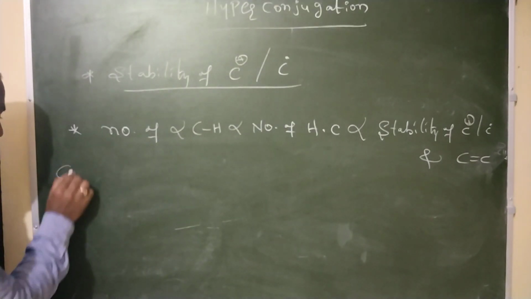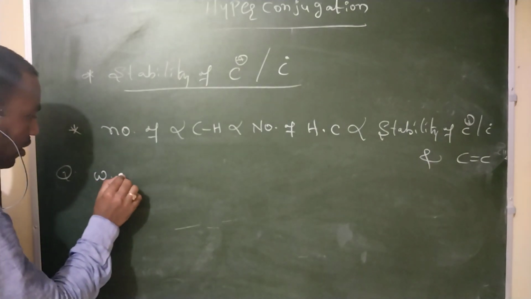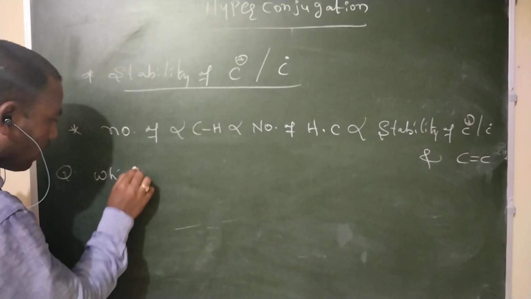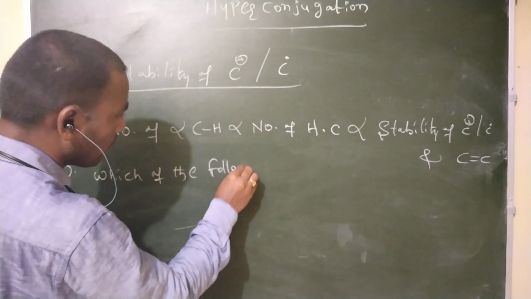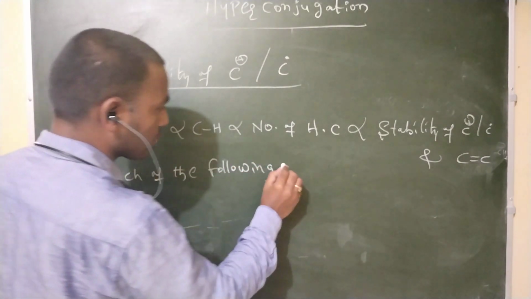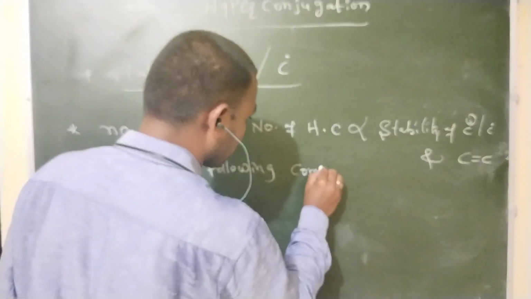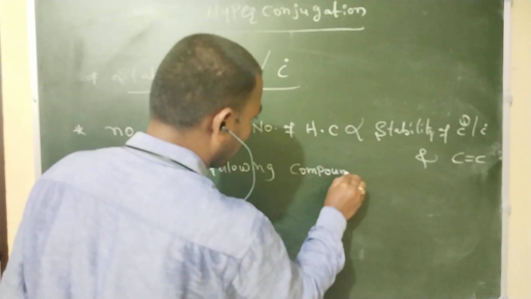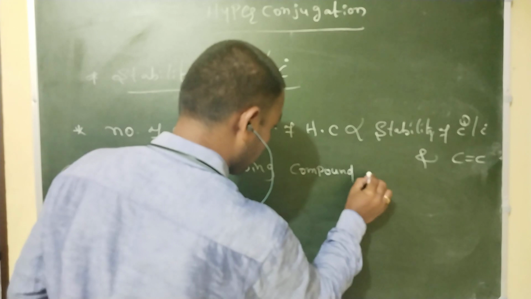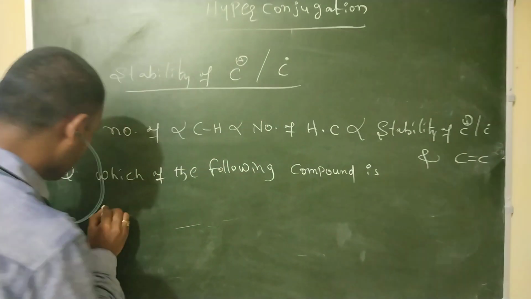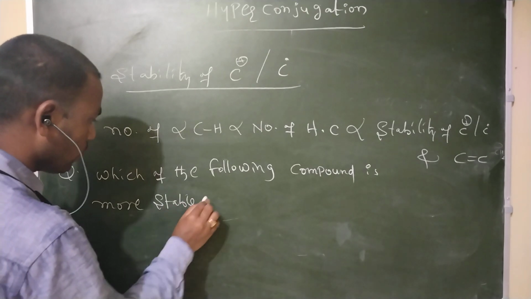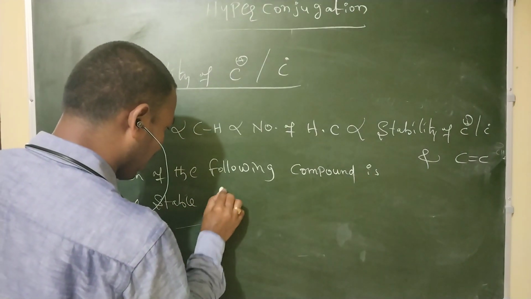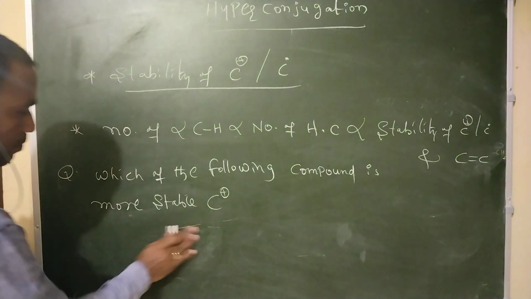So now one question here: which of the following compounds or structures is the more stable carbocation?